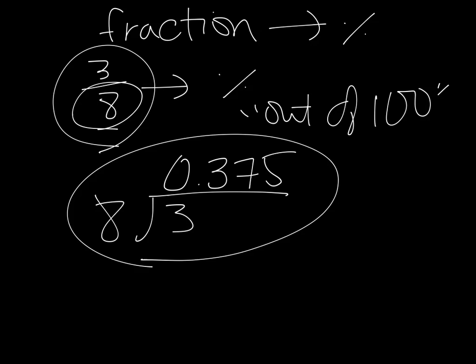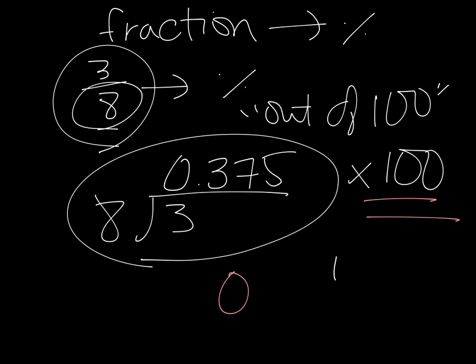Then, to change it into percent, you have to multiply by 100. Remember, when you multiply by 100, your number should get bigger, right? So right now we have 0.375.